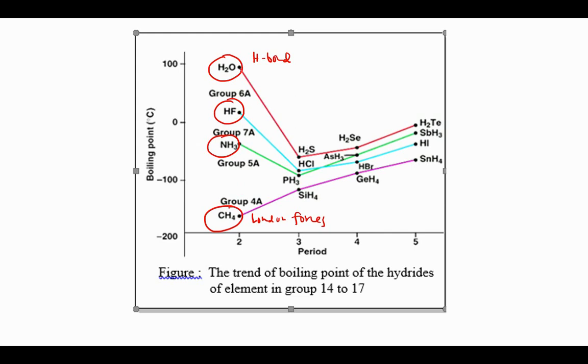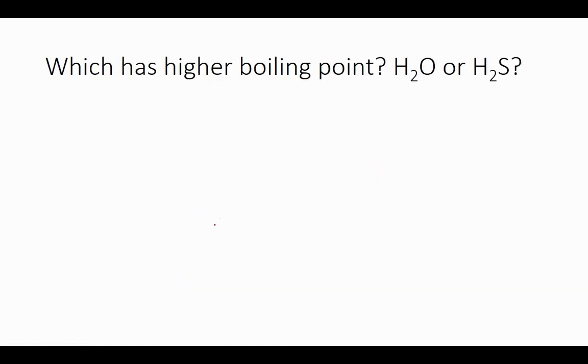But here, H2O and H2S, sulfur is in lower period than oxygen, but it only forms dipole-dipole forces, and that is why it has lower boiling point compared to H2O, but higher boiling point compared to CH4. So between H2O and H2S, which one has higher boiling point? The answer here is H2O has higher boiling point because it has strong hydrogen bond.